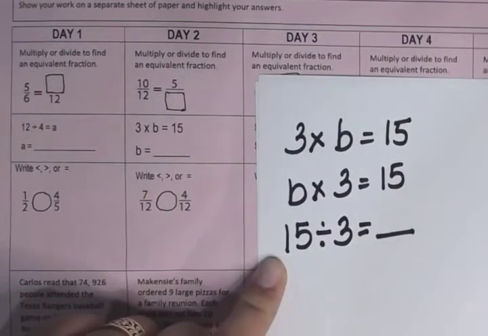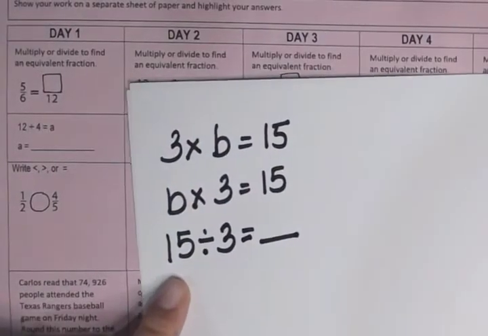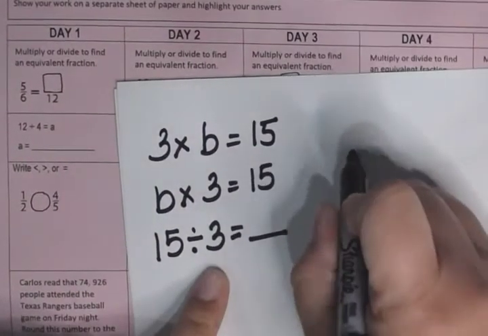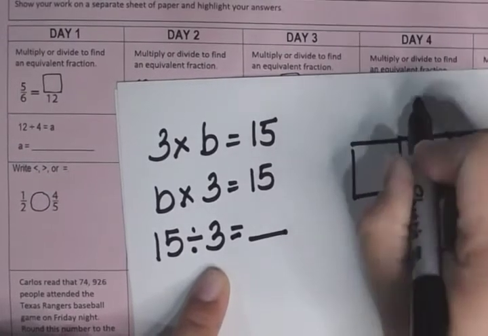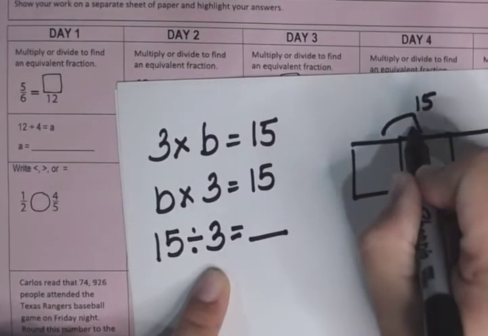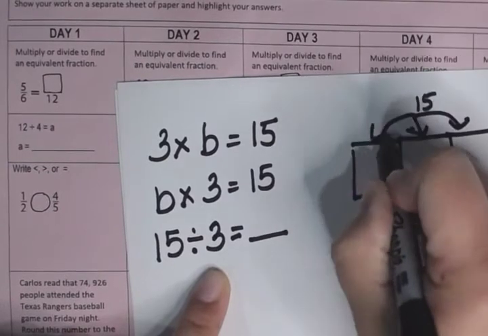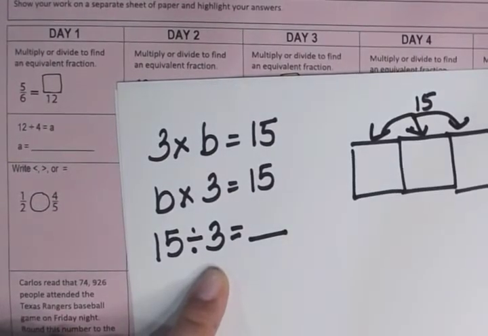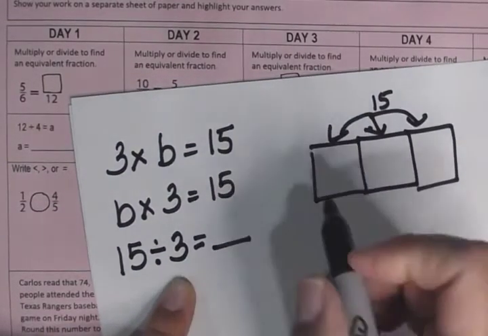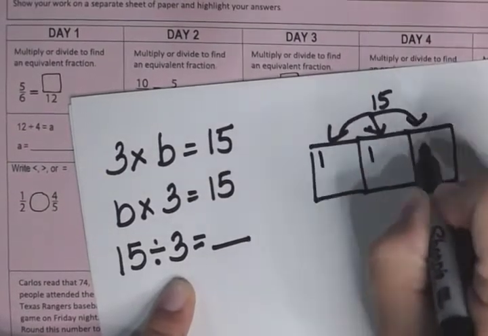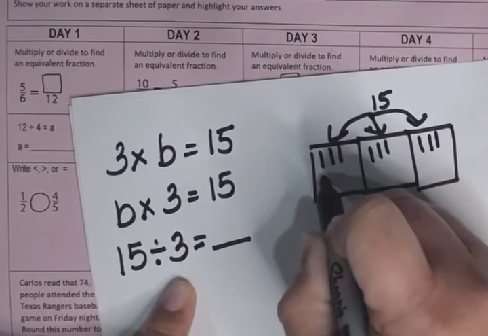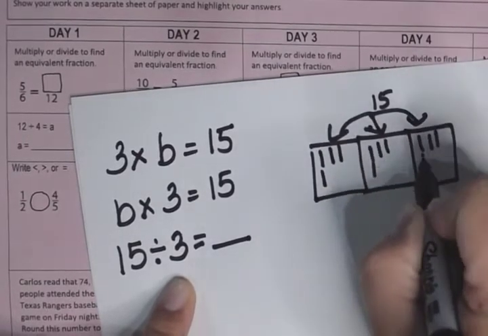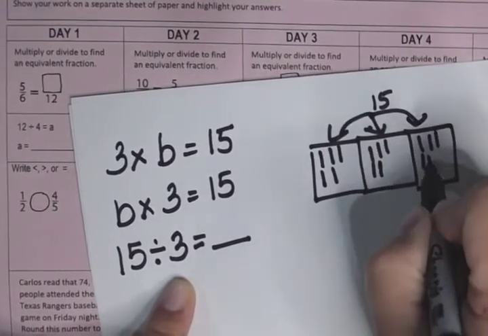And if you're having trouble with that, then think, okay, 3 groups, 1, 2, 3, and you're going to take 15 and share it equally into those 3 groups. And you would count one at a time. 1, 2, 3, 4, 5, 6, 7, 8, 9, 10, 11, 12, 13, 14, 15.